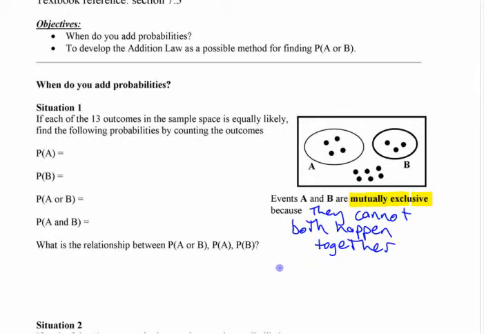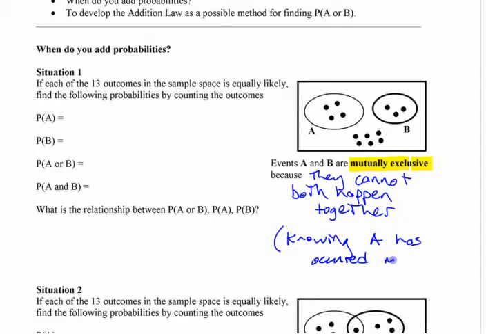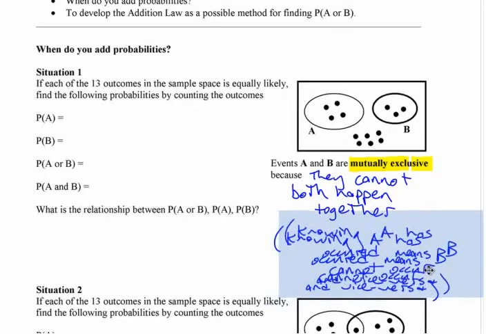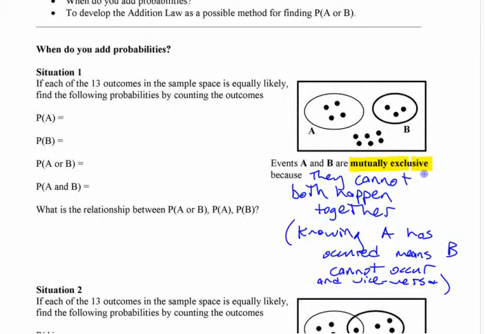Another way to say it: knowing A has occurred means B can't occur, and vice versa. Okay, that's what mutually exclusive means.